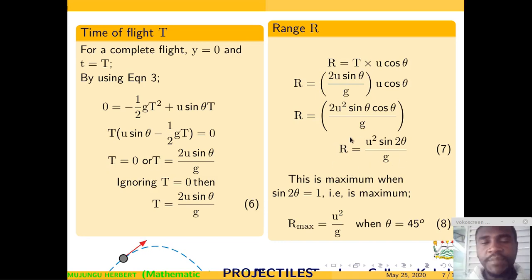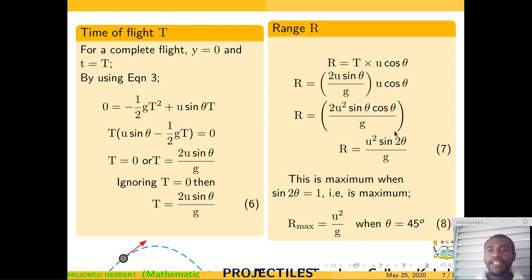However, if you want your object to reach as far as possible from the point of projection, maybe you want to hit a target which is very far from where you are and you are playing golf, it is better to project the object at an angle of 45 degrees. How do we get 45 degrees?